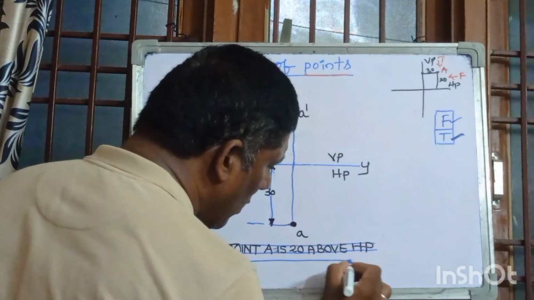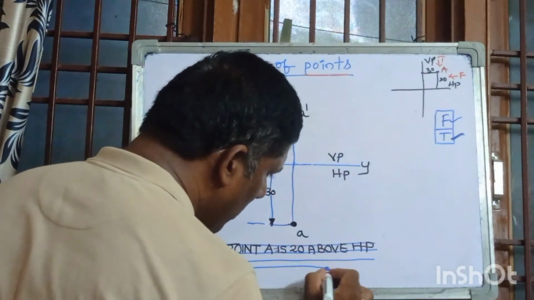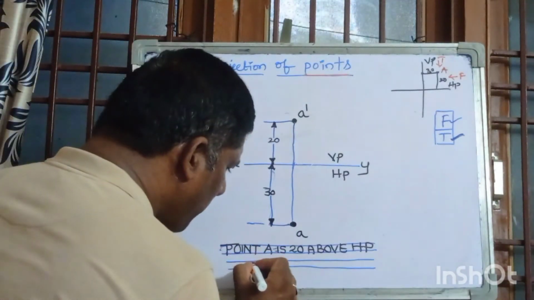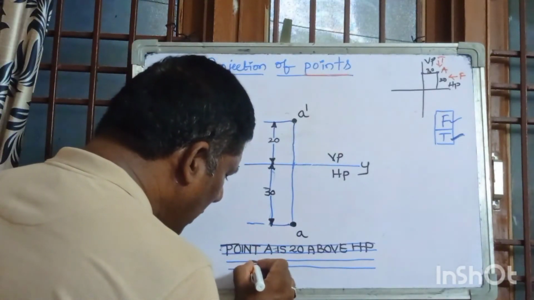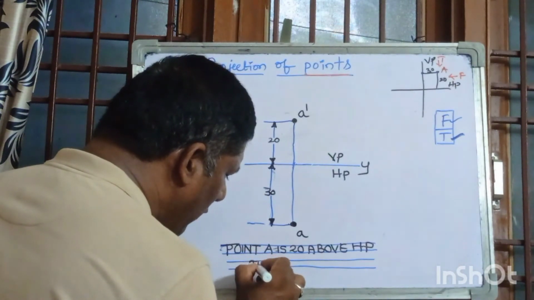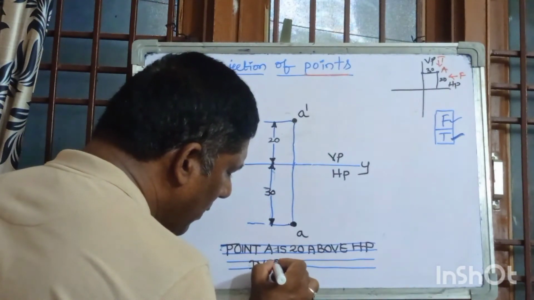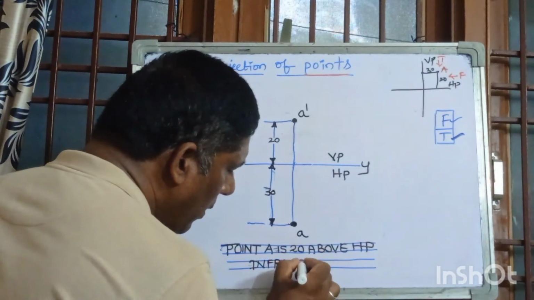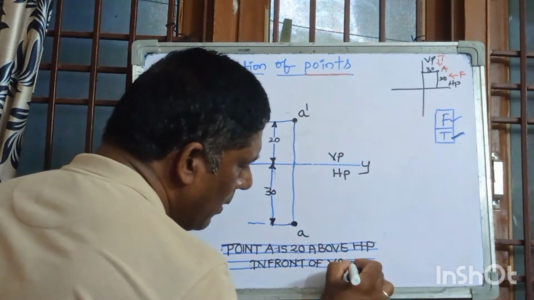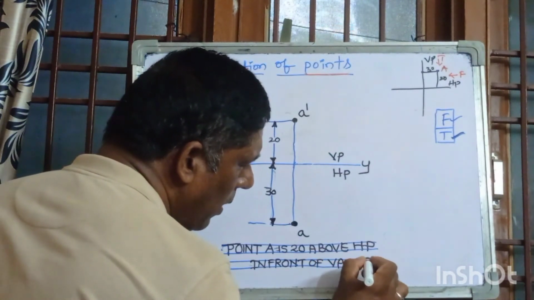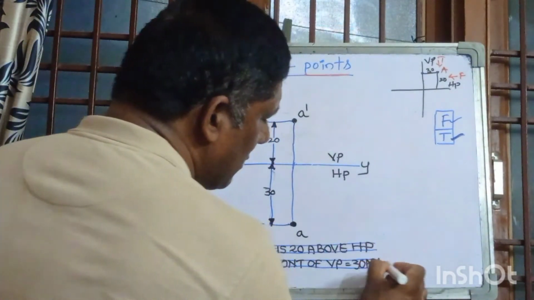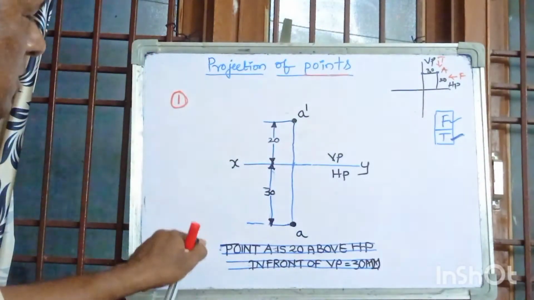Same, take another two parallel lines and write here 20 mm. Point A is 20 mm, or you can write in front of VP is equal to 30 mm. Do you write mm or not? In drawing all dimensions are in mm. So this is the given data.